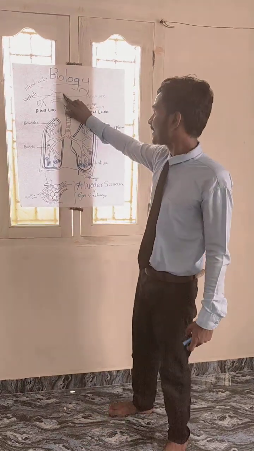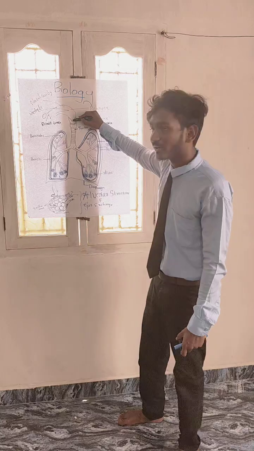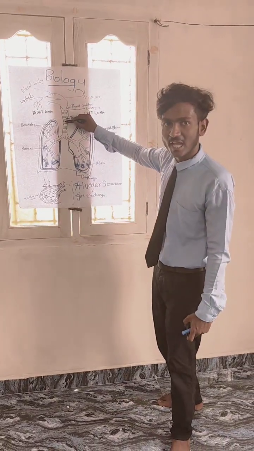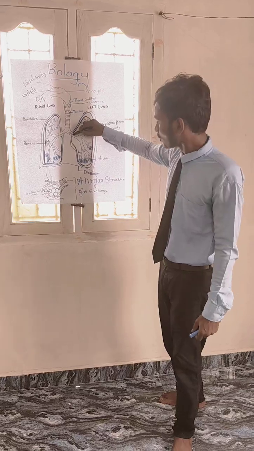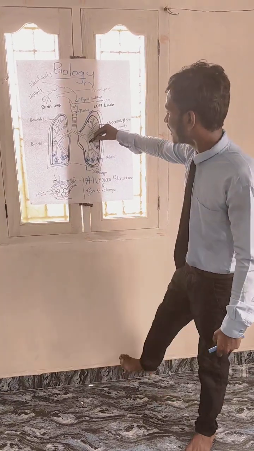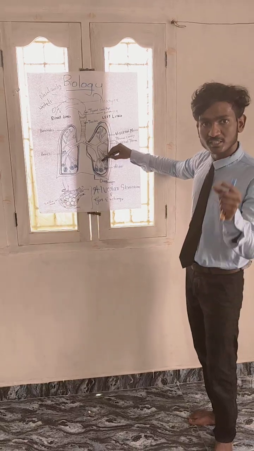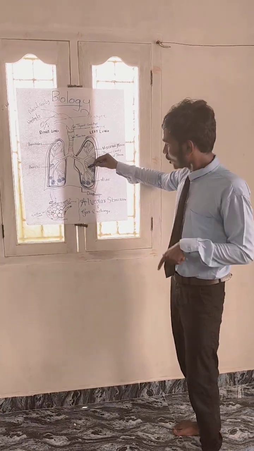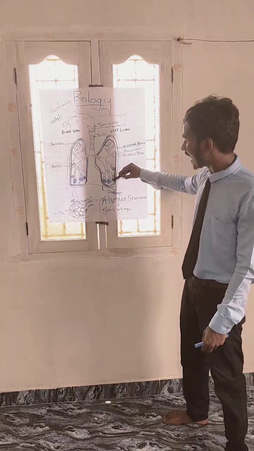From there, it reaches the pharynx. From the pharynx, it reaches the larynx. From the larynx, it reaches the trachea. From the trachea, it goes to the bronchus. From the bronchus, air goes to bronchi. From bronchi, air goes to bronchioles. Bronchioles have lots of branches of the bronchus. So from bronchioles, air goes to the balloon-like structure called alveoli.